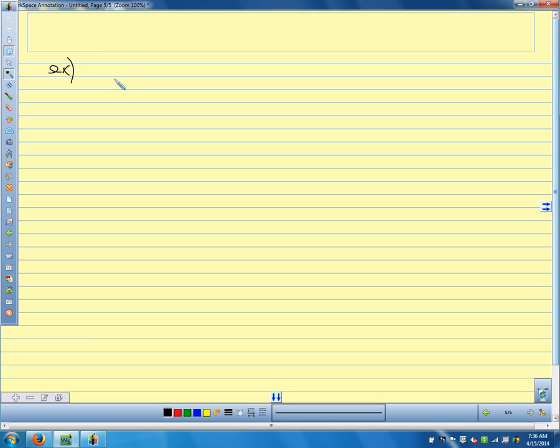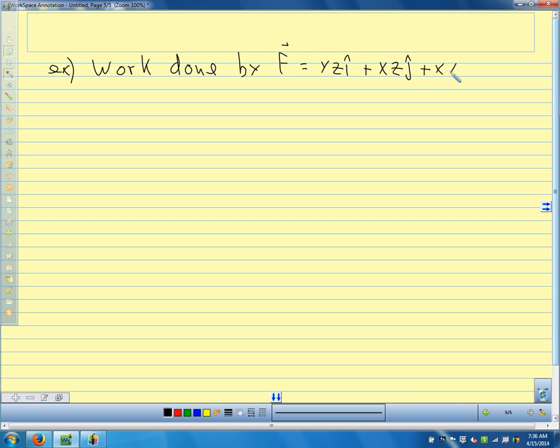So for this one, we want the work done by F equals yz i hat plus xz j hat plus xy k hat, moving a particle from 0, 0, 0 to 5, 3, 2.